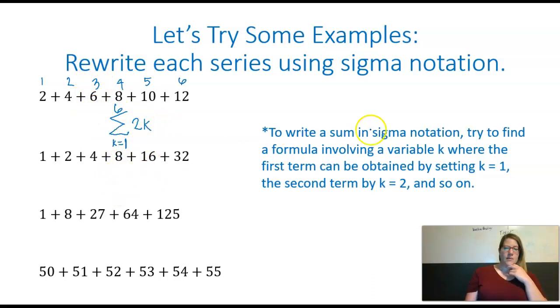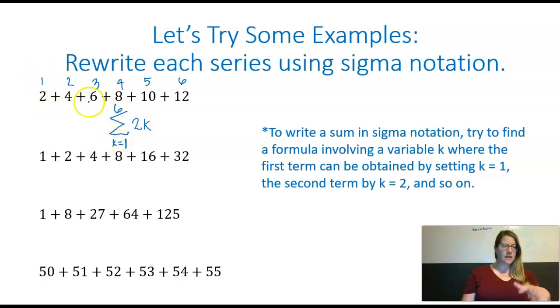Now, this is a guide here to start at k equals 1, k equals 2, k equals 3. That is a good idea, but this is not the only way to write this series. You could do other things. So if you want to do it differently than I did it here, you can. All you need to make sure is that when you put in your first number, it gives you the first term.